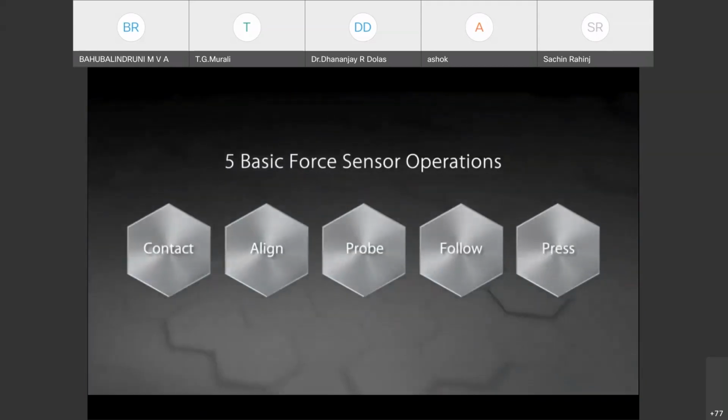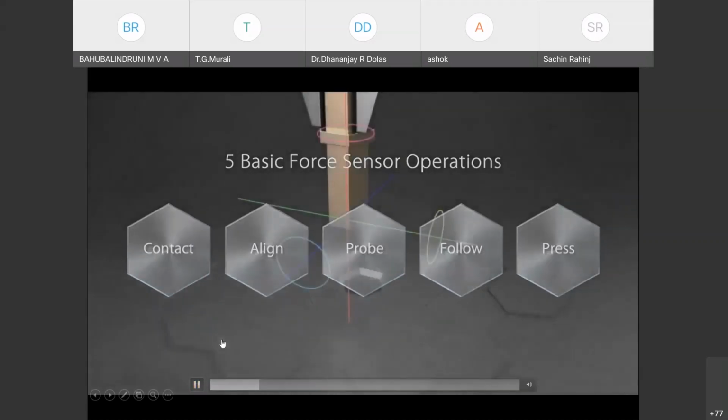This force sensor can be used for contact, alignment, probing, following, and press. Mostly we are going to use a combination of these for assembling and manufacturing. This demo shows how the force sensor can be used for each independent task, and how it can also be used for a collaborative task for a specific manufacturing application.